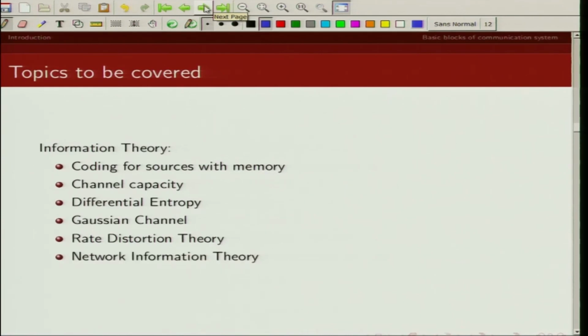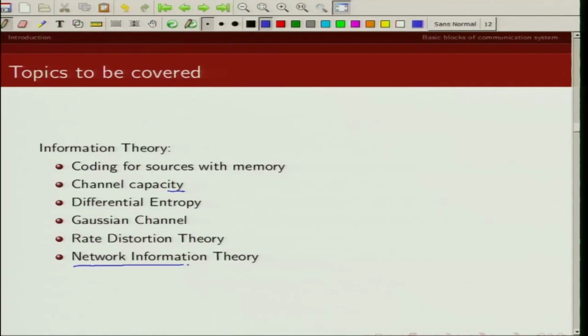And finally, if time permits, we are going to talk about network information theory. Earlier, when I talked about channel capacity, I talked about point-to-point channels, so there is one transmitter and one receiver. We are going to characterize the capacity of such channels. Now think of scenarios when you have multiple senders and multiple receivers. How do you find out the capacity of such channels?